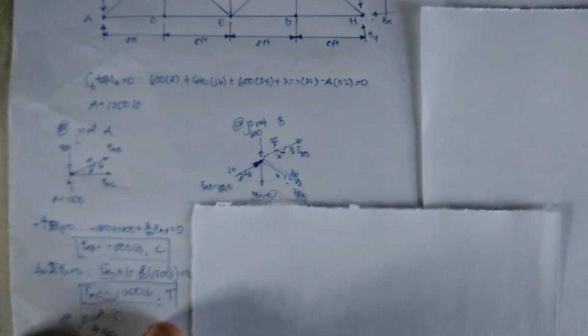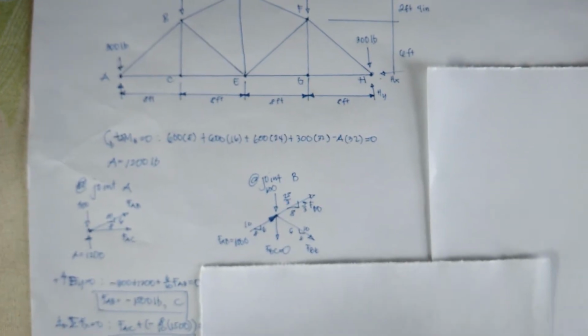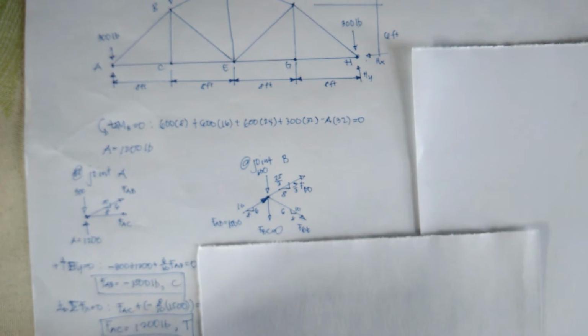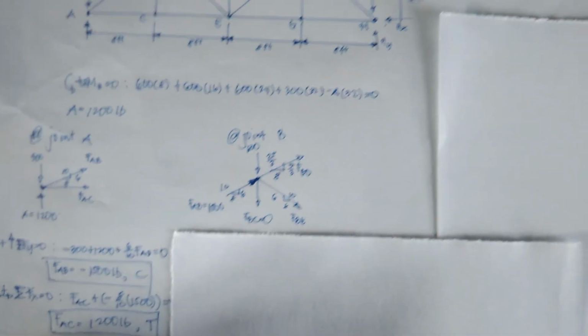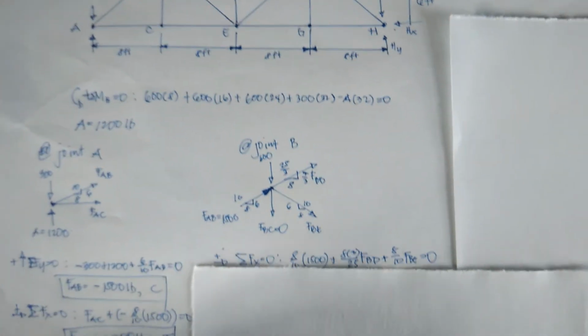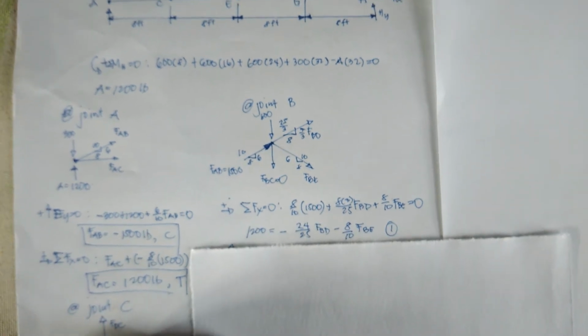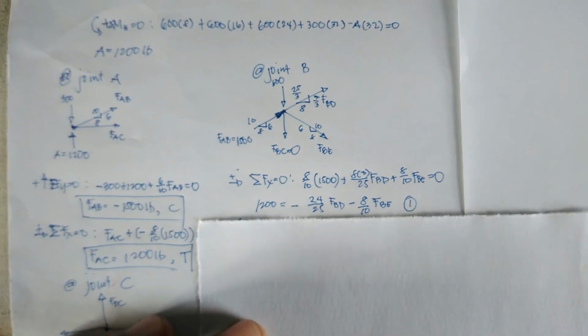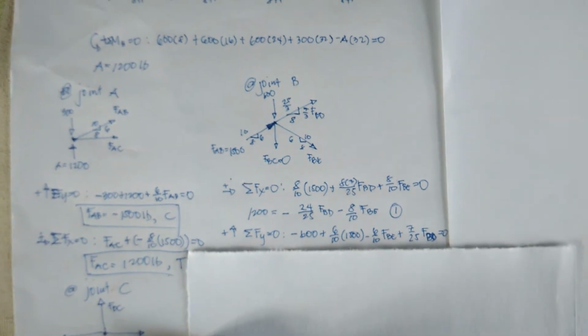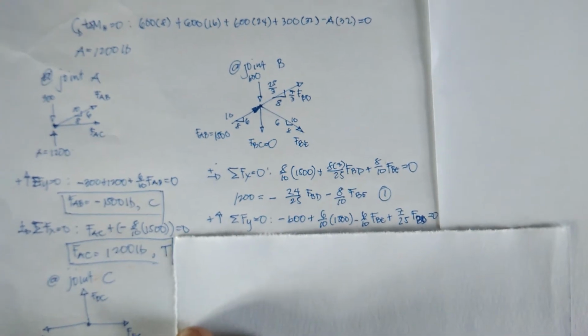At joint B, given by this diagram, we have 5 forces acting, 4 members and 1 force. In this joint, we're going to have 2 equations and 2 unknowns, and that would be enough for us to solve for the unknown members. Summation of Fx is given by this value, and this is our equation number 1, and sum of Fy for the second equation will be given by these values.